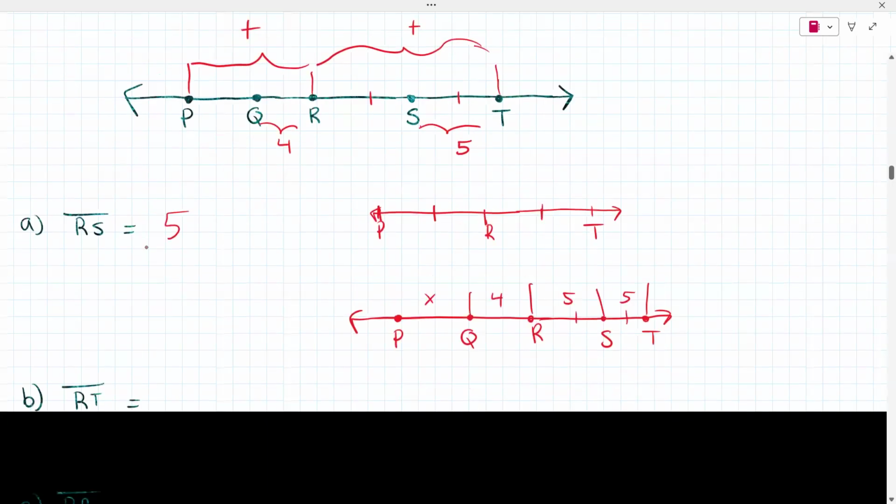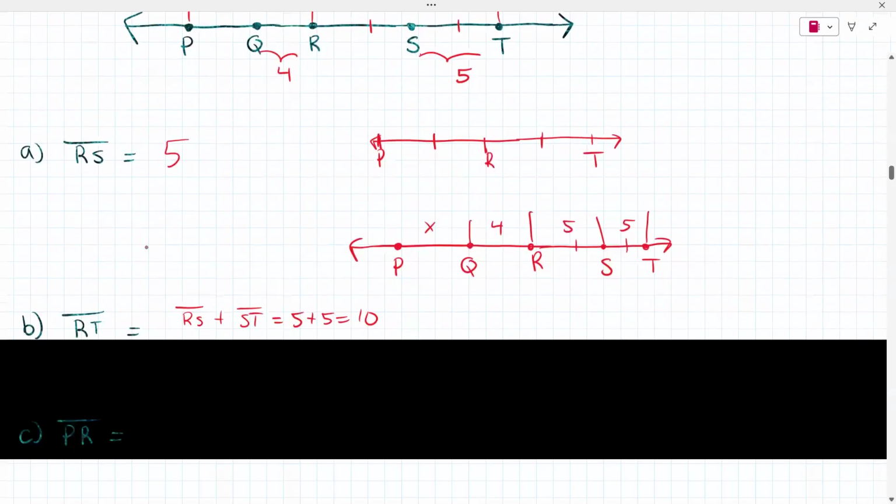What about the length of RT? So here's R and here's T. It's just line segment RS plus line segment ST, right? And that is going to be 5 plus 5, so that is 10. So the line segment RT is 10.